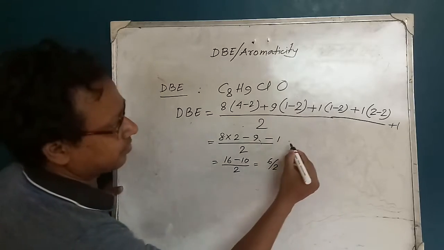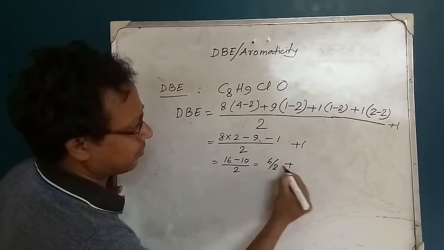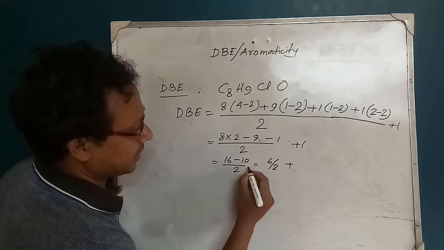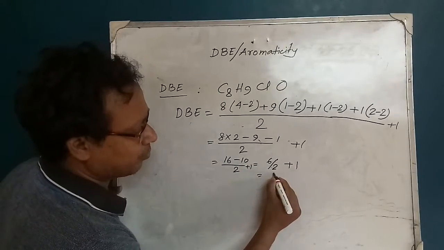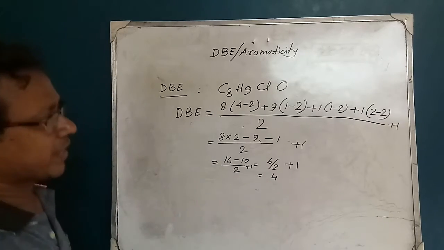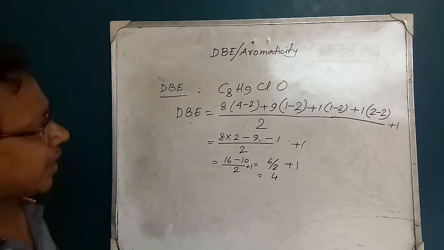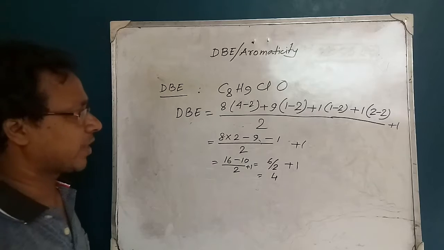Plus 1 equals 4. So we can easily find the DBE. And what is DBE? It is double bond equivalent.